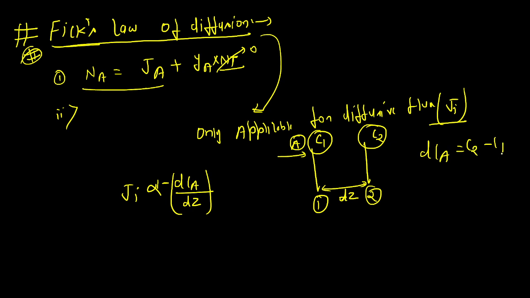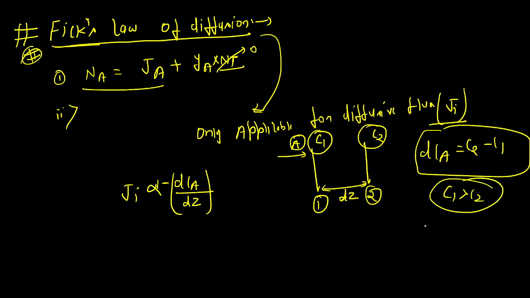Here you can write C2 and here C1. So C1 is greater than C2, so dCA will be less than 0. That's why we are using the negative sign here.